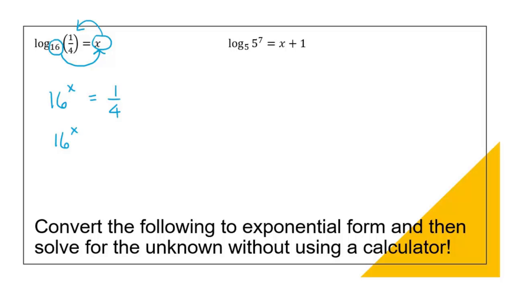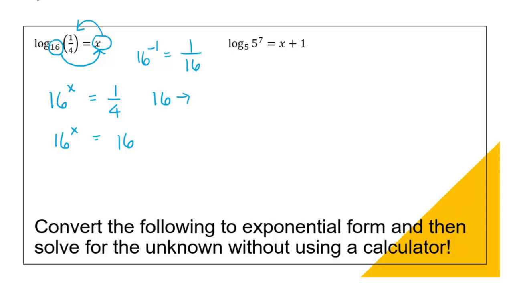So we'll use the base 16 on the left-hand side, and we'll try to rewrite the right-hand side as 16 raised to an exponent. The way I'm thinking about this is I notice that 16 turns into a 4, and that 4 ends up in the denominator. So that must mean I have a negative exponent. 16 to the power of negative 1 would give me 1 over 16.